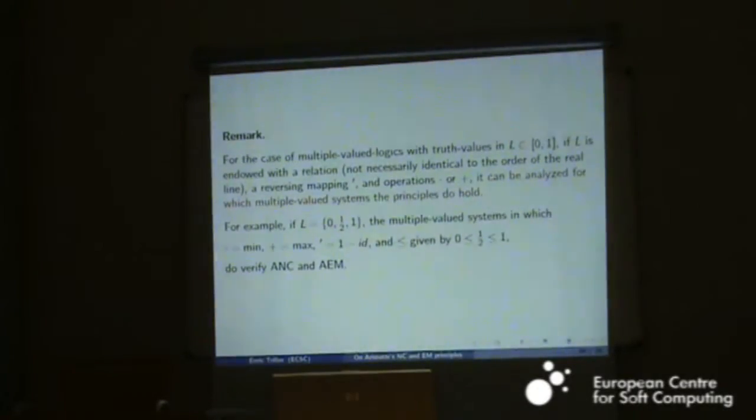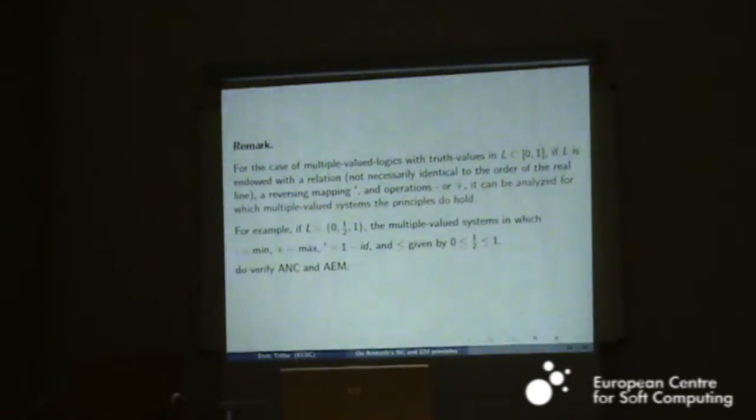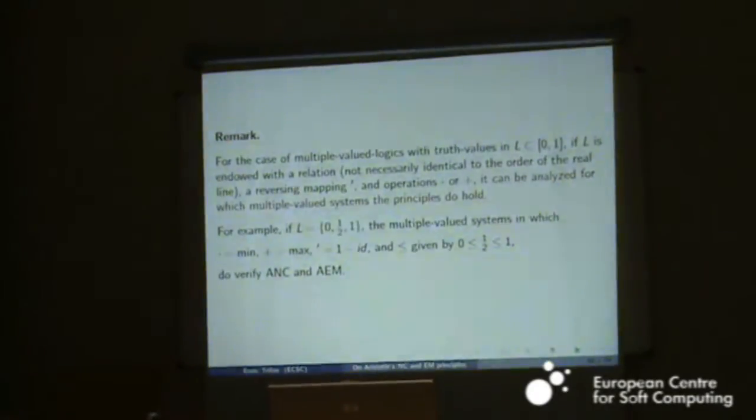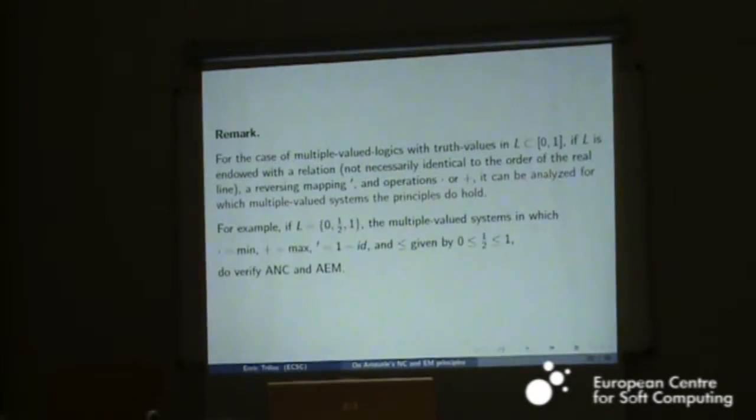Sometimes the negation is not defined by 1 minus x, and sometimes the order of 0, 1/2, 1 is not taken linearly. Then I should study the more or less 20 different systems of multiple value logic that are in the books, and see which ones are inside my model and which ones are not. I never did that. I just started to do it a couple of weeks ago.